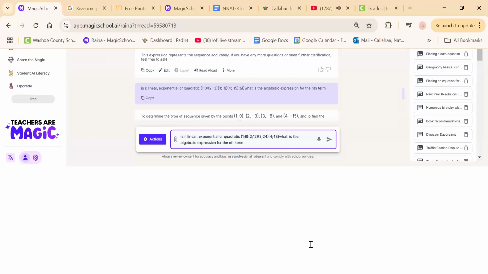Okay, 4, comma 48. Positive or negative? Is it 1 comma negative 6?